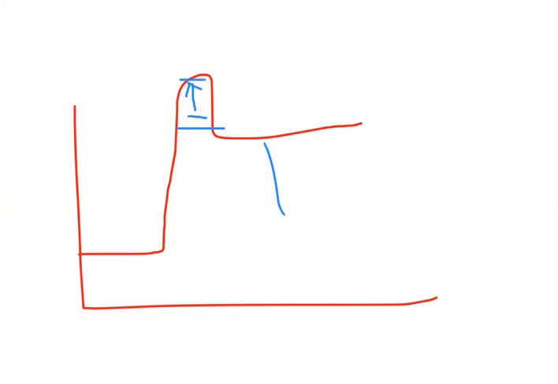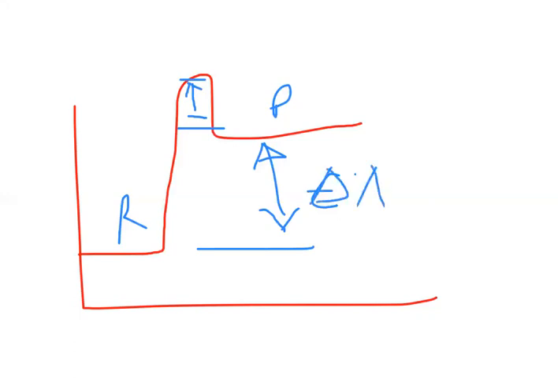Here, the level of the reactant and the product, this change here we call the change in energy. It is found by taking the energy of the product minus the energy of the reactant.